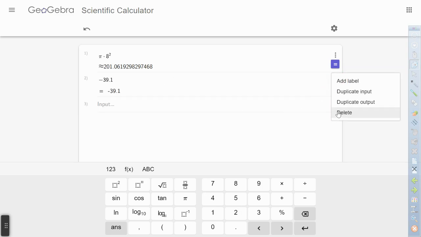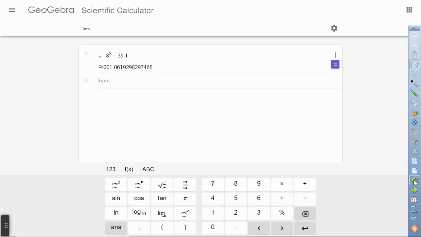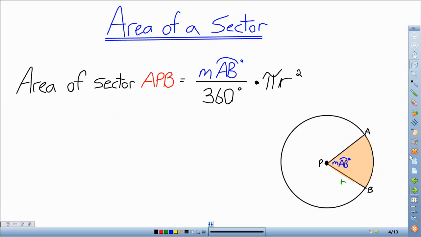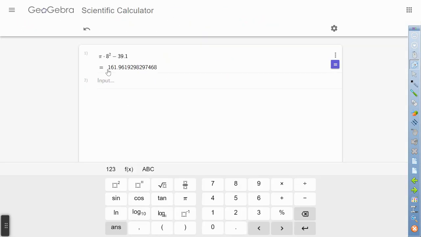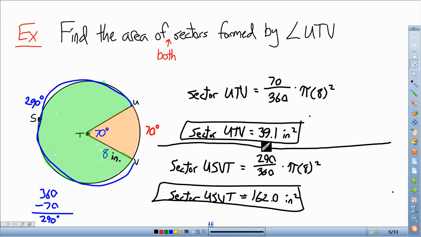This does this sometimes. I don't know why. I guess I need to click back on this and then subtract 39.1. Just double checking that's what that was. All right, and I'm getting 161.96, which again would round to a 162. So I just want to point out that'd be another way of finding this. Getting the whole area and just subtracting this sector to get the rest of it.